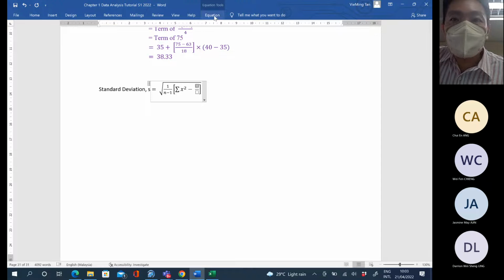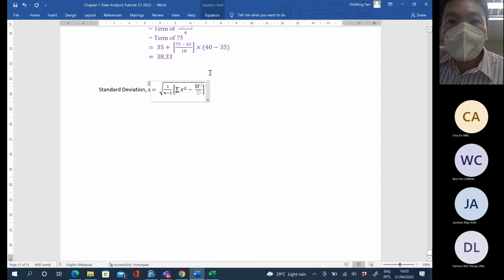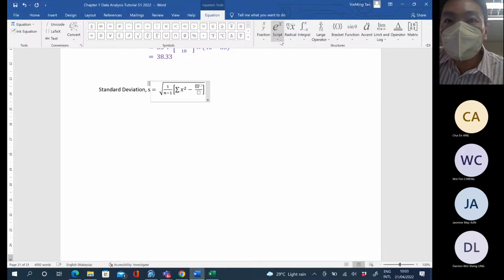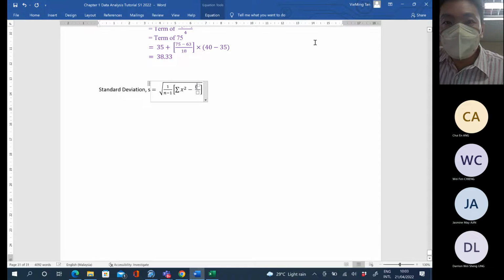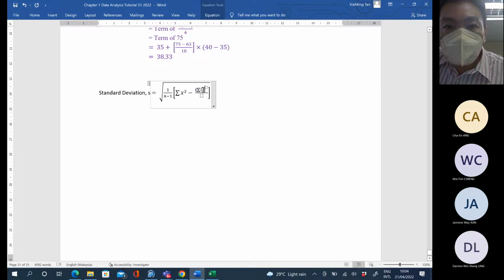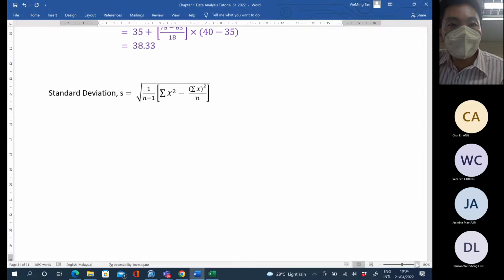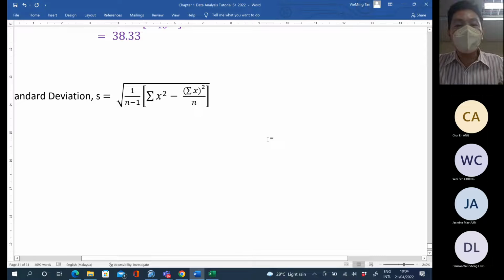So I will use this. To increase the size of the screen so that you can see. All right, so this is the formula for standard deviation.